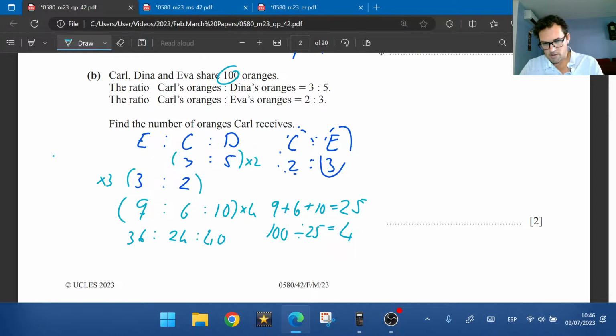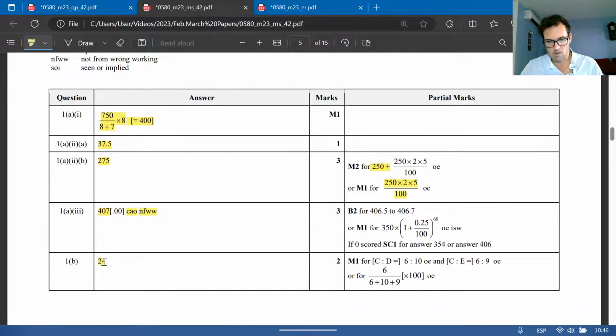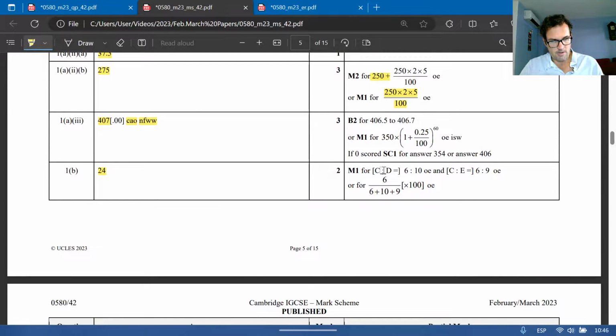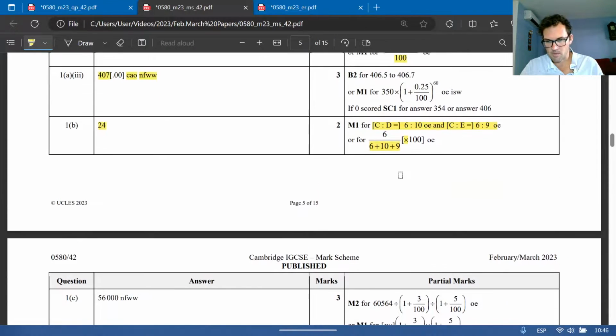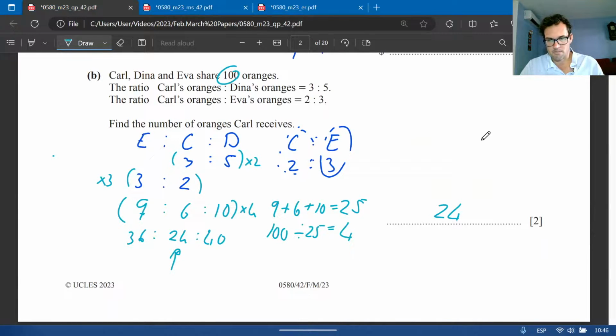So Carl receives 24 oranges. There we go. They show the same equivalent ratio approach I've done. You add it together, and then I don't know what they did there, but anyway, they got the right answer.